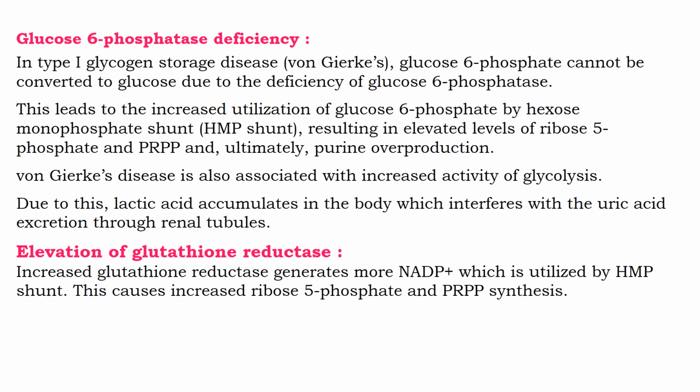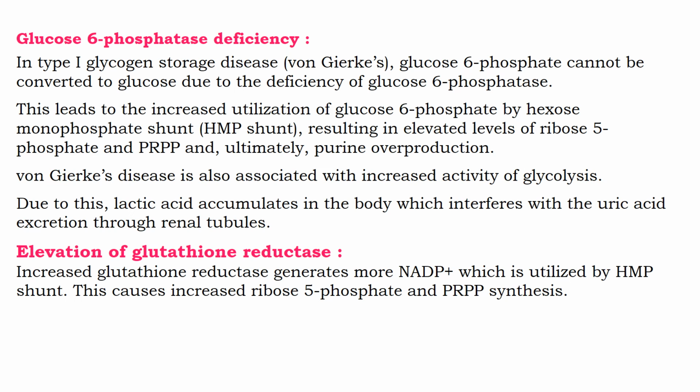Now again, this is related to the previous slide where I have shown pictures of the various deficiencies and how they are going to affect the various metabolisms. Now what happens if there is an elevation of glutathione reductase? Increased glutathione reductase generates more NADPH. This is utilized by the HMP shunt pathway.